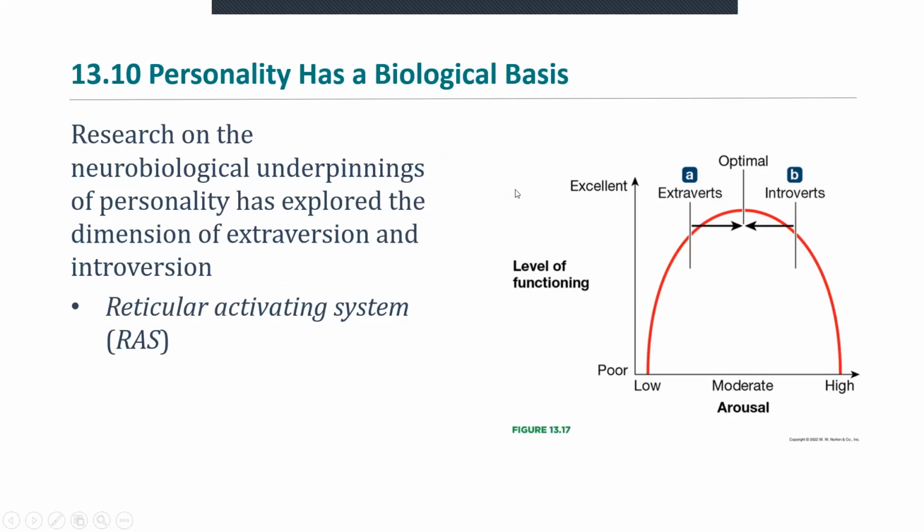Okay, so in the previous video, we went over personality trait theory formulated by Eysenck. He stated that there were 3 dimensions of personality, each with a biological basis. One of his dimensions was extroversion, introversion.